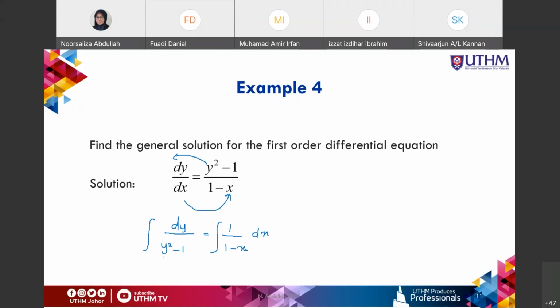You have to use partial fractions. 1 over y squared minus 1 is actually equals to A over y plus 1 plus B over y minus 1. Right?